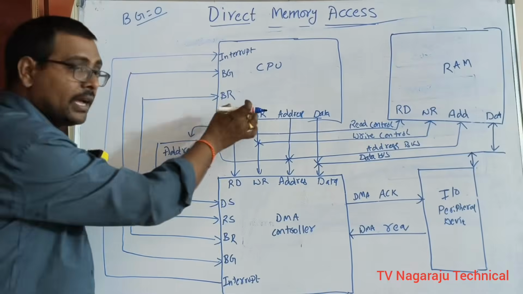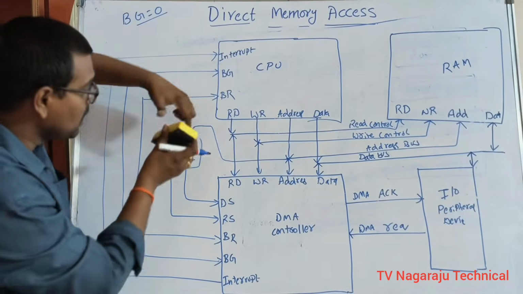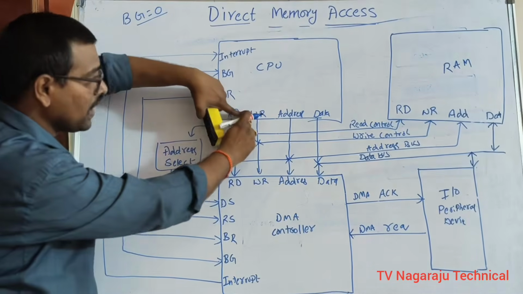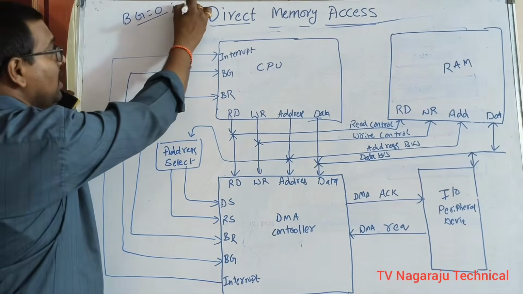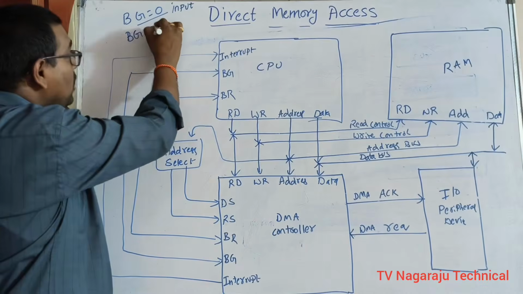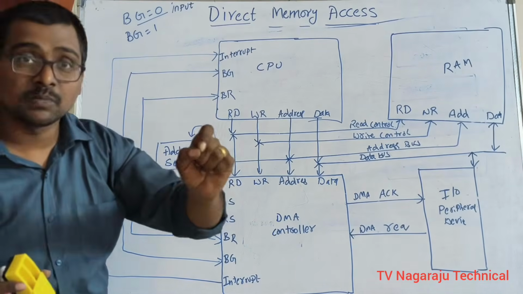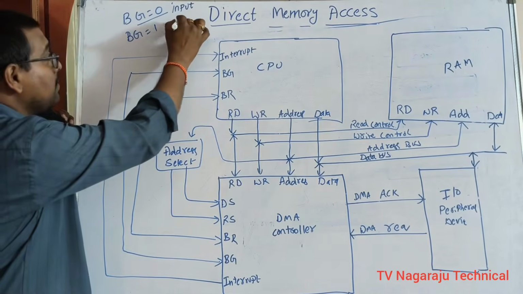So read and write are bidirectional. If BG is equal to 0, the CPU can read the data from the DMA or write the data into the DMA. Read and write become the input control signals. Whenever the BG value is equal to 1, the CPU releases all these buses. In that situation, read and write become the output.